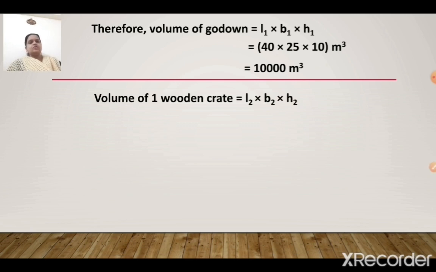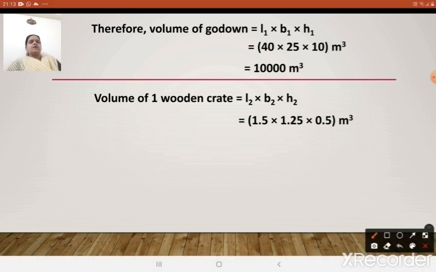Then we will see the next step, volume of one wooden crate. It is L2 into B2 into H2. Substitute the values, 1.5 into 1.25 into 0.5. Now just multiply here, 15 into 0.5. 15 5s are 75. So it will become 0.75 because of 2 decimal points.